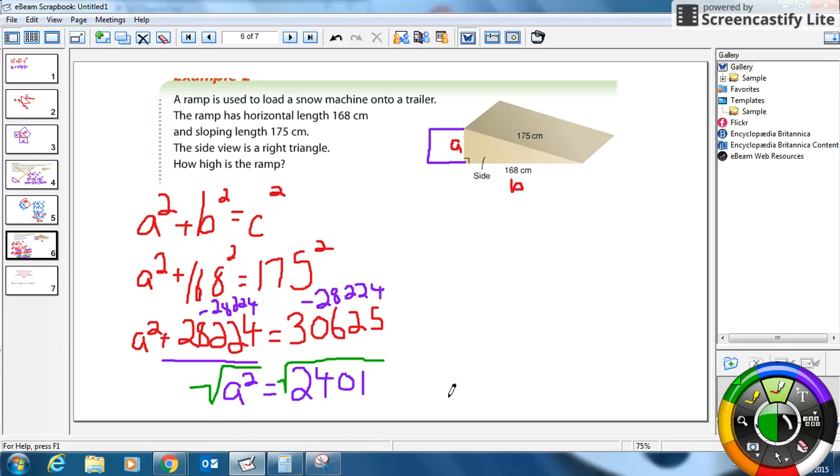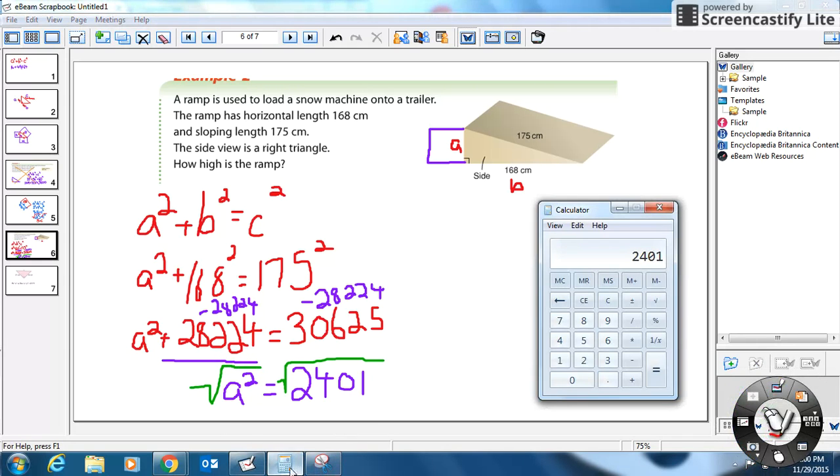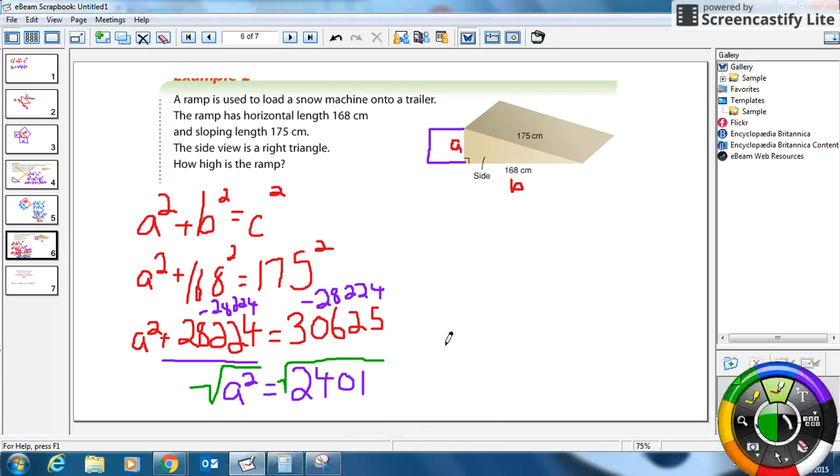So 2,401. Let's go to our calculator. 2,401, square root sign right here. Boom. 49. So I know that A is equal to 49. In this case, centimeters. There you go. You just figured it out. Those are some big numbers.